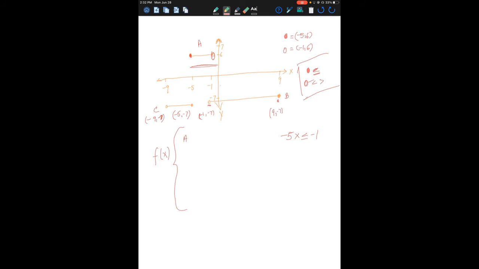What this means is that x is not going beyond negative 5 over here, but it's definitely greater than negative 1. Yes. Now let's move on to the next one. Negative 1 and 9.